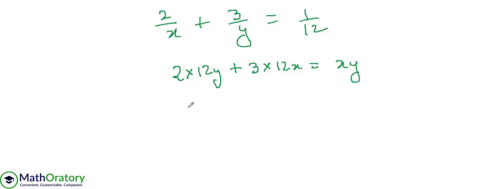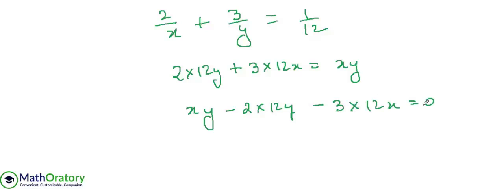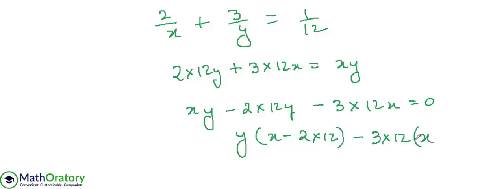Again taking the xy on this side, xy minus 2 into 12y minus 3 into 12x equals 0. I can take the y common, so what you have is y into x minus 2 into 12.